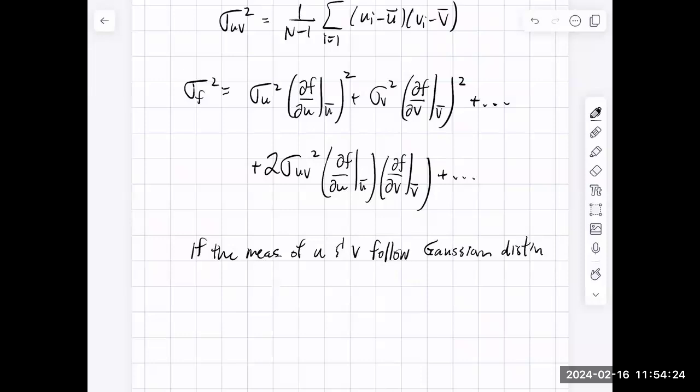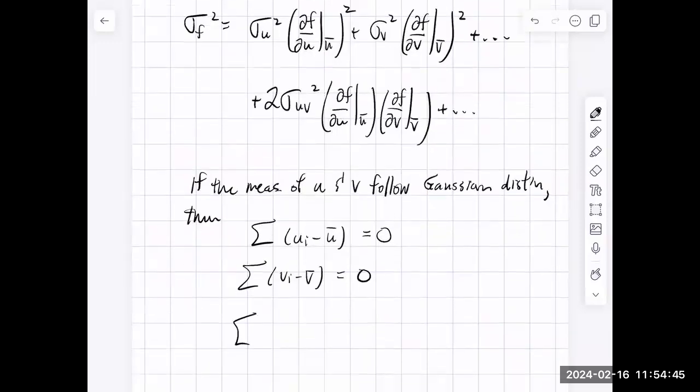preference for measuring something above the mean compared to below the mean, then the sum of ui minus u bar will be 0, and the sum of vi minus v bar will be 0. And in fact, the sum of their product will also be 0.